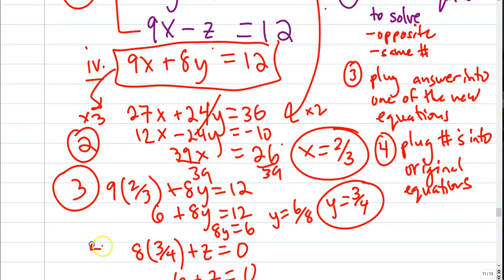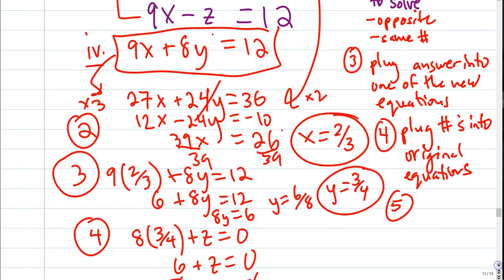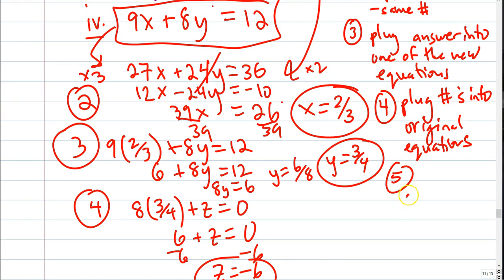Step 4, go back to an original one where I can find the z. And last but not least, make sure you write your answer as a what? Our answer is a point with an x value of 2/3, comma 3/4, comma -6. Write your answer as a point, x, comma y, comma z. Okay?